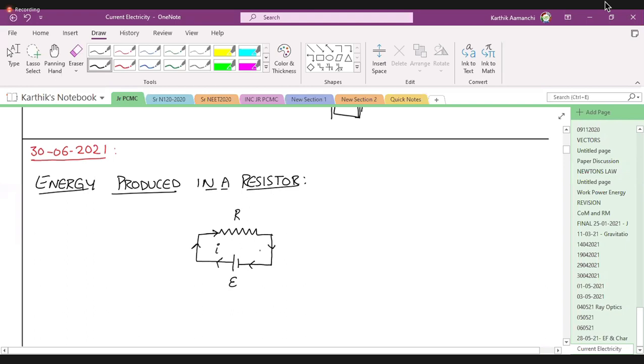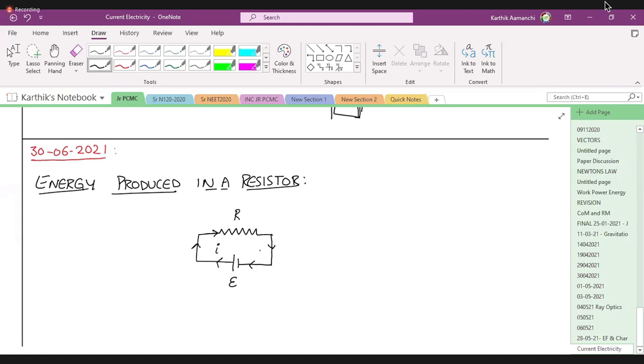Yes, sir. The direction of current, please remember, is from positive terminal to negative terminal inside the circuit, and inside the cell it is from negative to positive, which is the opposite when we do semiconductors. So for you right now, it is the conventional current direction, because previously people thought there was something called positive charge also.